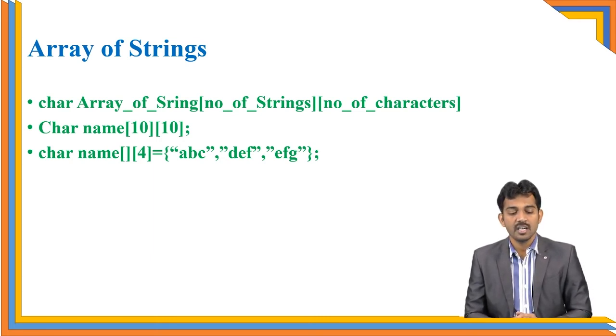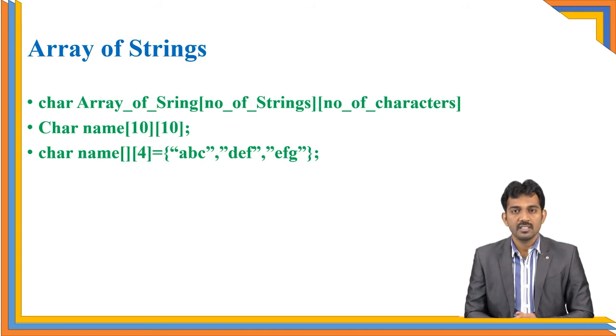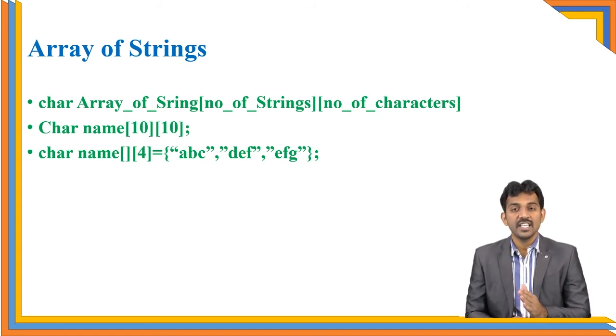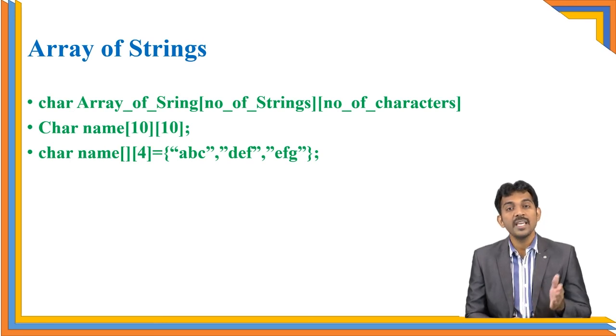The first dimension tells the number of strings. The second dimension tells the number of characters for each string. Please note this. Here, an example is there: 10 means it is going to take 10 strings and a maximum of 10 characters each.